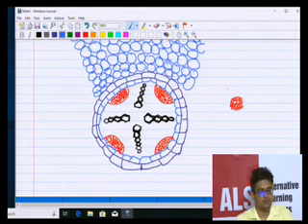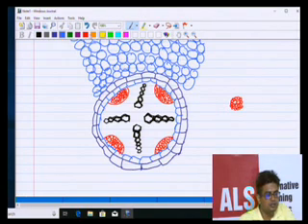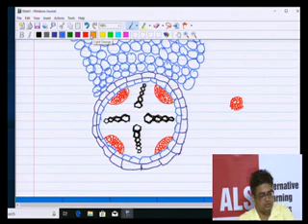This is the cortex. Now the rest part in the middle, that is called the pith. So pith is very reduced in dicots.